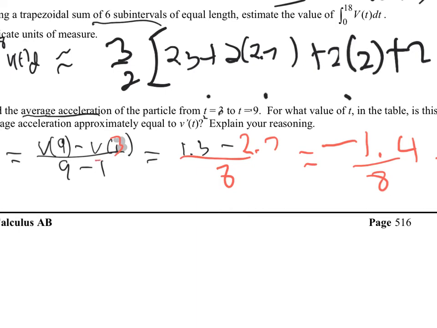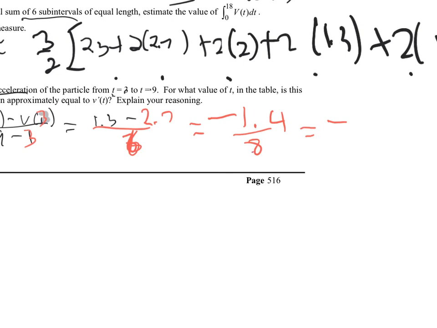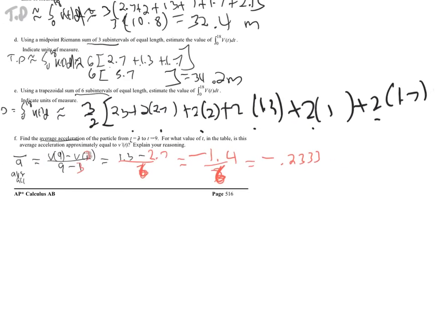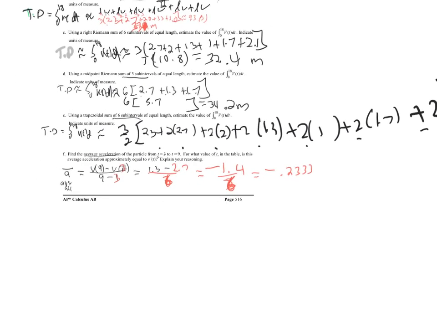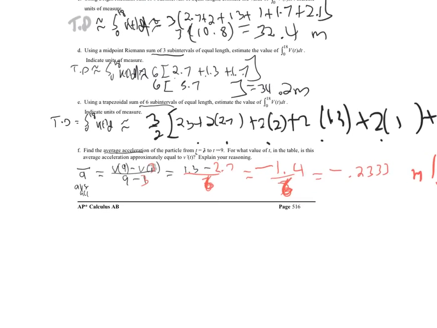So that should be a 3 also. So it should be over 6. All right. Negative. Let me do it again. Be right back. Negative 0.2333. It's average acceleration, meters per second squared.